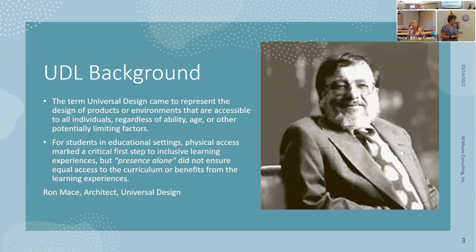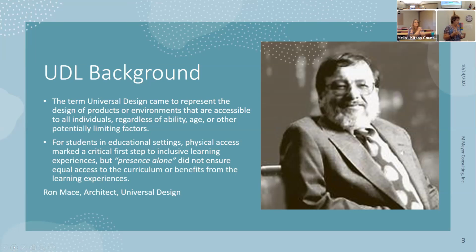Ron Mace, who is the architect of universal design, who also happens to be a person who uses a wheelchair, is where the genesis came from. The term universal design came to represent the design of products and environments that are accessible to all individuals regardless of ability, age, or other potential limiting factors.